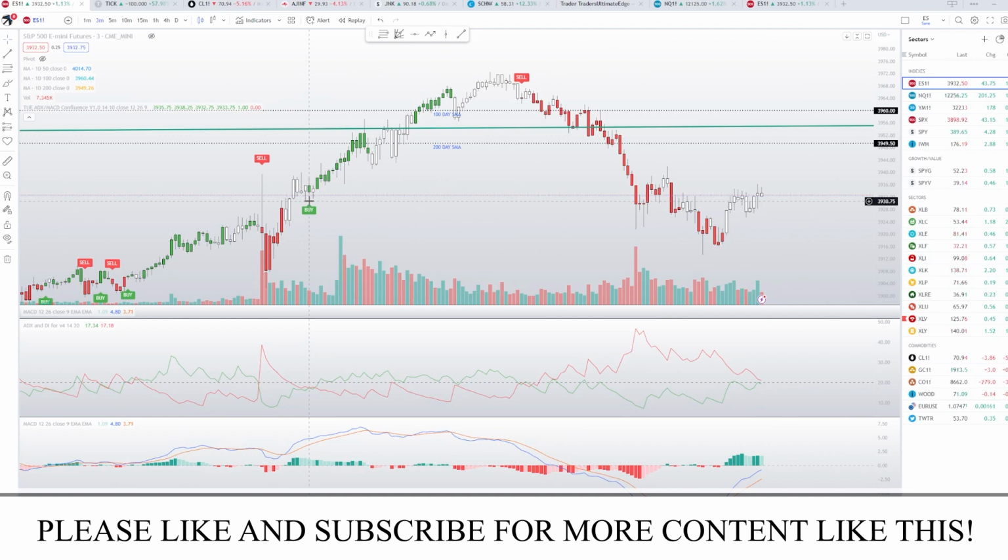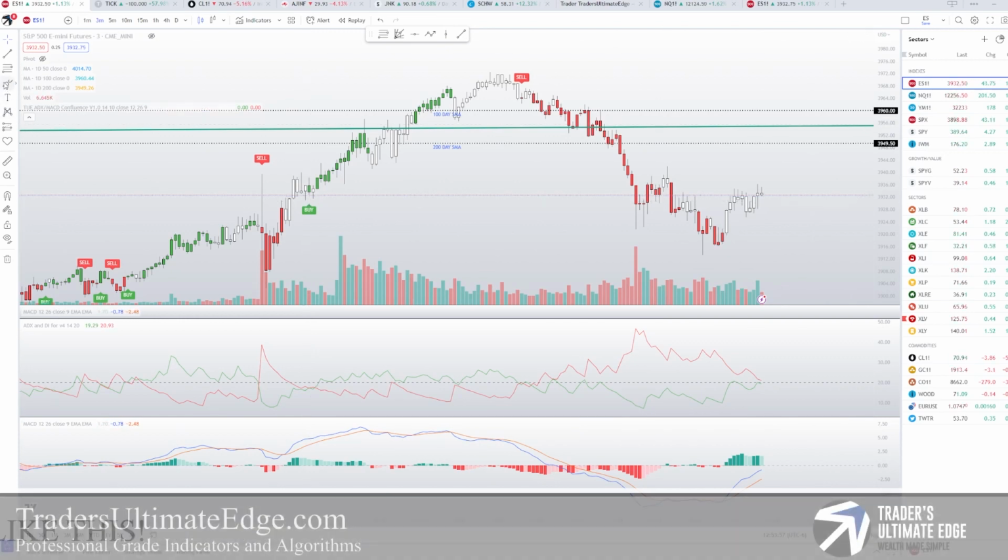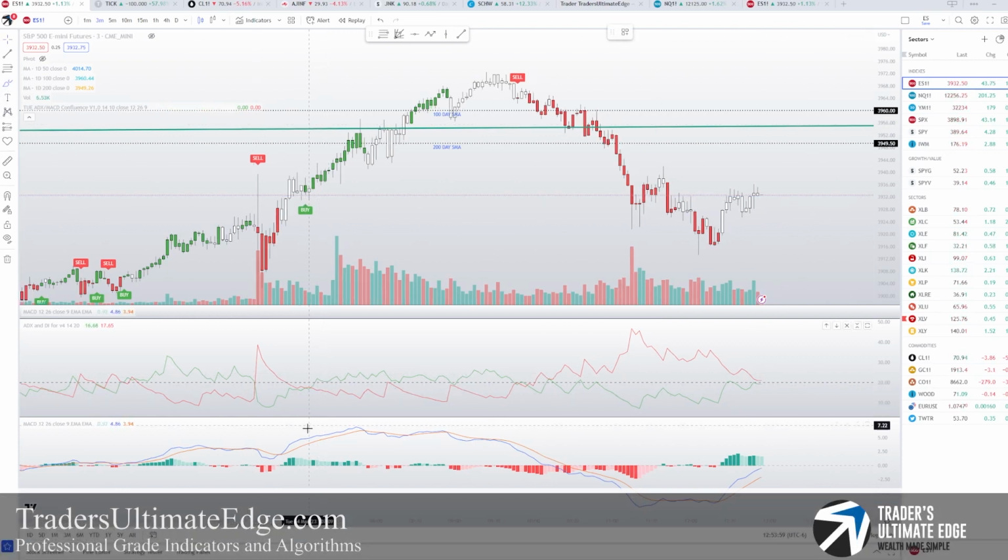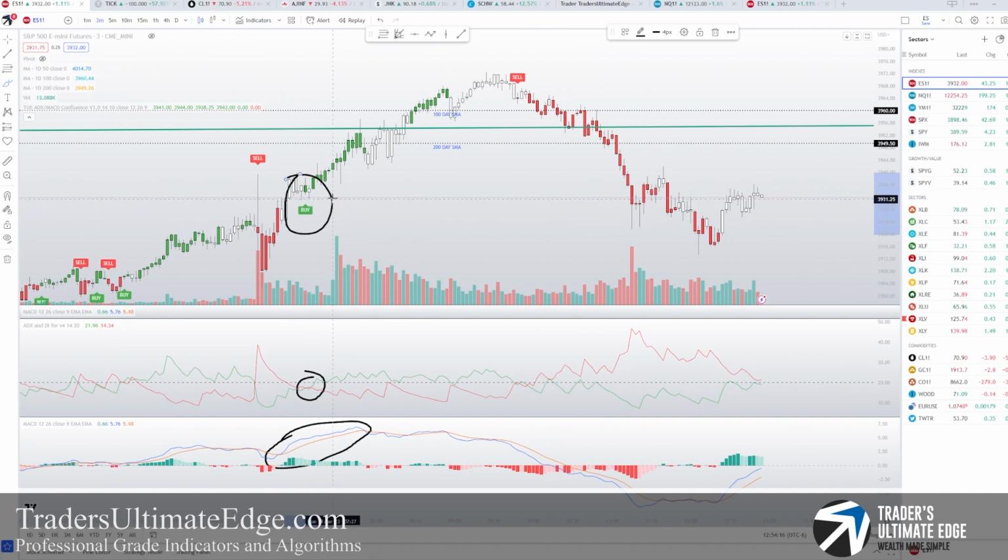So let's look here and we'll see a little bit. Now what it's looking for is the confluence, right? Here we've got MACD in a long as we come into the day. And right here is where we see the crossover happening, and that's where it captures our buy signal. The same thing happens over here with the sell.